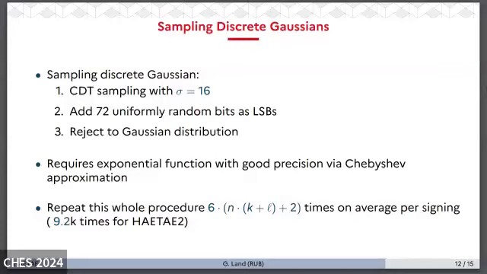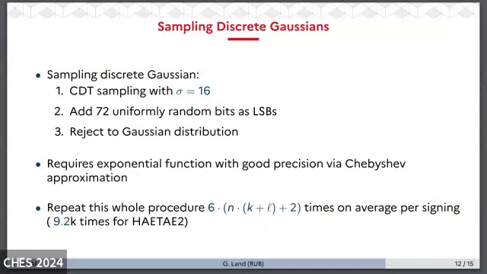That's also quite an easy procedure. Then we add 72 uniformly random bits as our LSBs, and that's obviously not a discrete Gaussian then, so we have to do a rejection step on this sample candidate. But with that method, the rejection probability is quite small, like 2 to 3%.